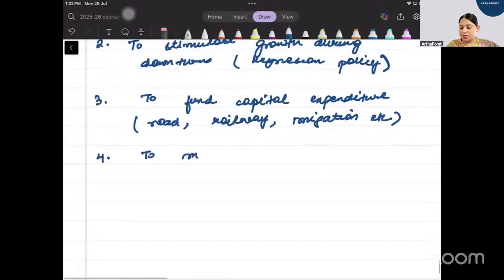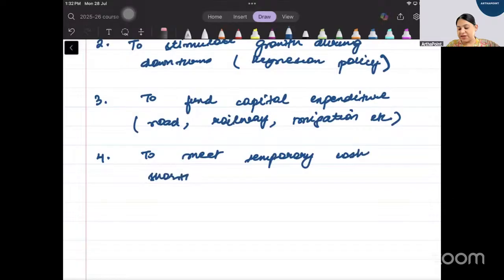To meet temporary cash shortfalls. So if the government has invested its money somewhere, and it will come back after 1 month, and for 1 month I need money to do certain expenditures, then for 1 month I can take a loan from somewhere, right?